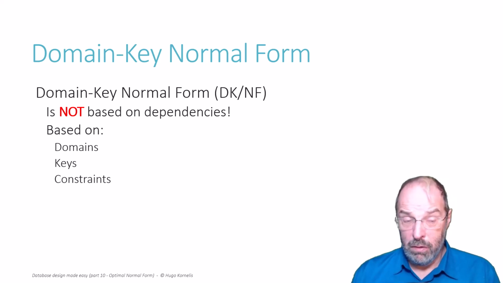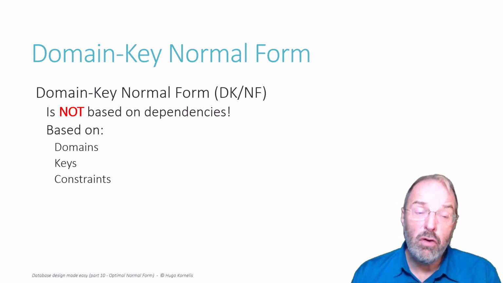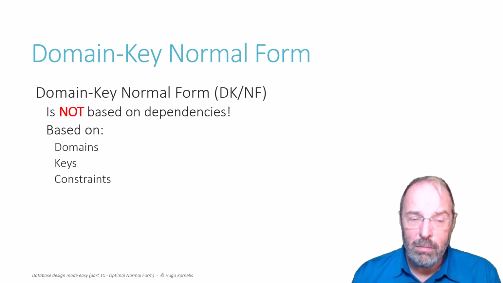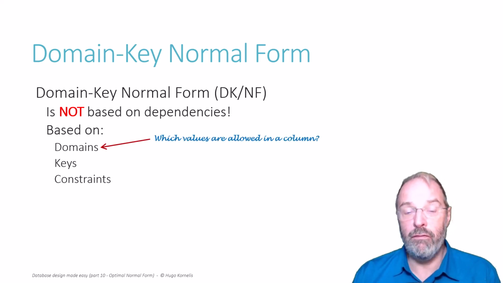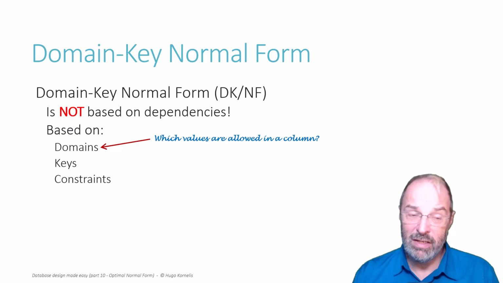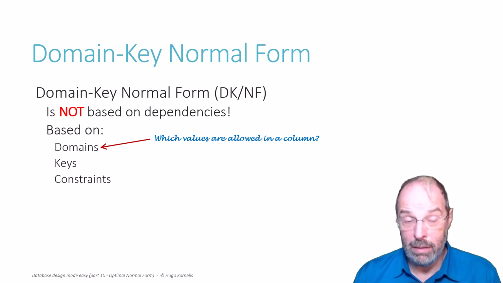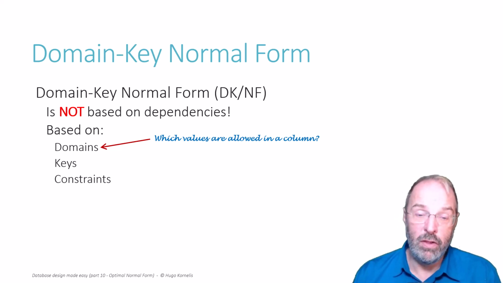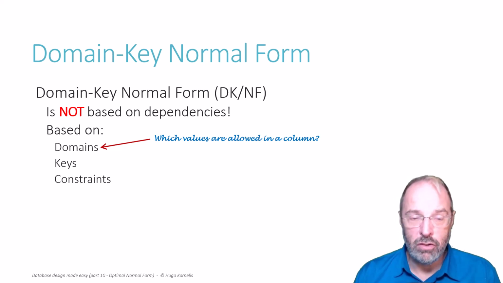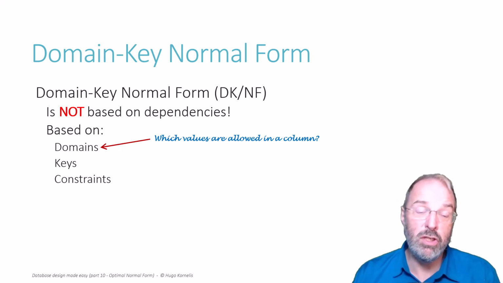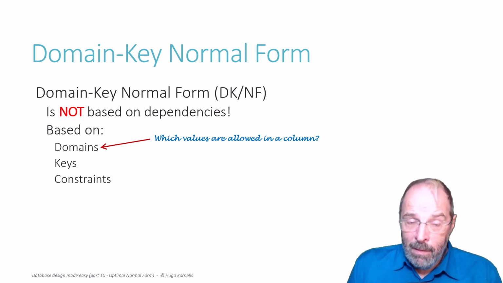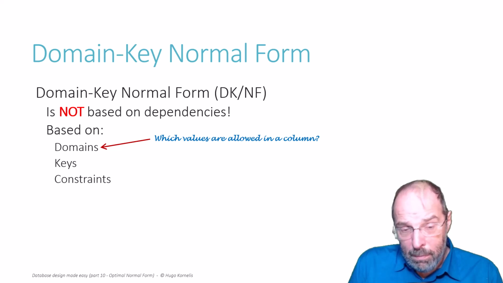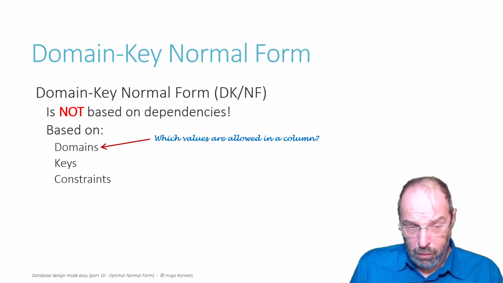Now, before I give you the definition, let's talk about what each of these terms means. So, a domain is a rule of which values are allowed in a column. And if you look at implementation in relational databases, you will realize that a data type is effectively a domain, because a data type says this column can only contain integers, or this column can only contain string values of up to 10 positions. But a nullability rule is also part of the domain.